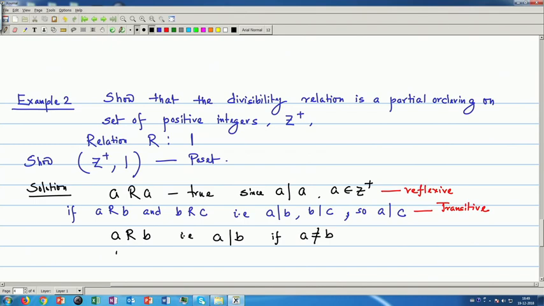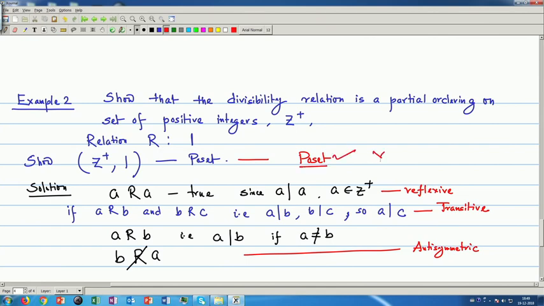That means B is not related to A. So this is antisymmetric. So this is a proof that it is a poset. Yes, it is a poset.